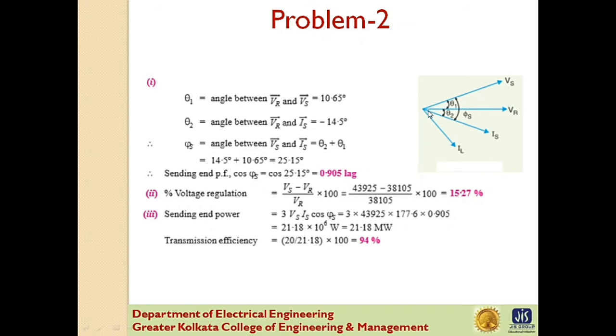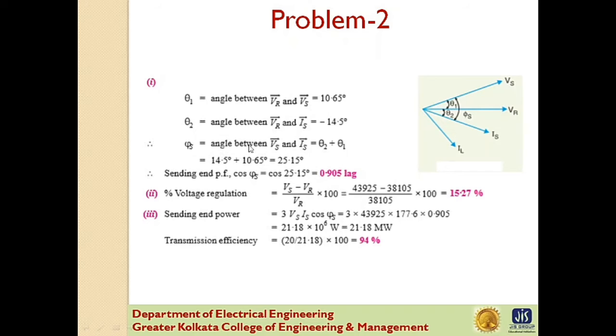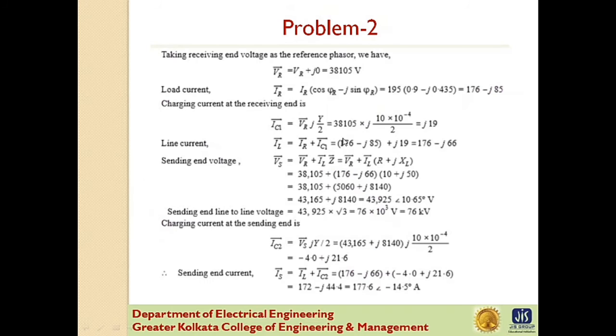Now theta 1 is the angle between Vs and VR, and theta 2 is the angle between VR and Is. So theta 1 is equal to 10.65 degree and theta 2 is equal to minus 14.5 degree.